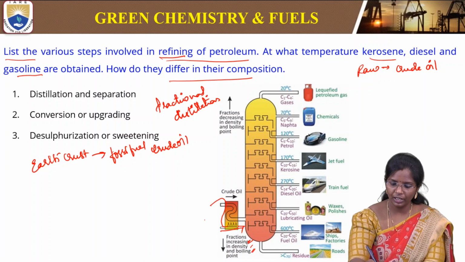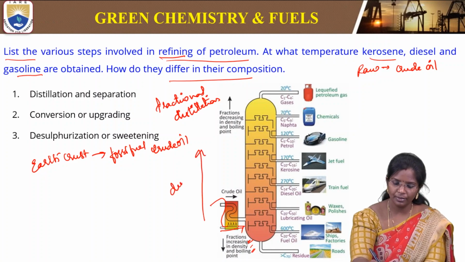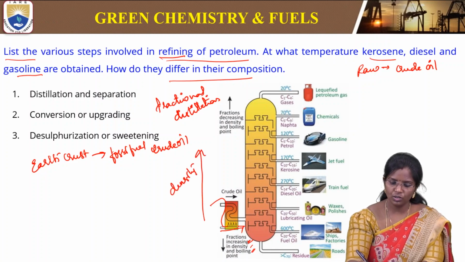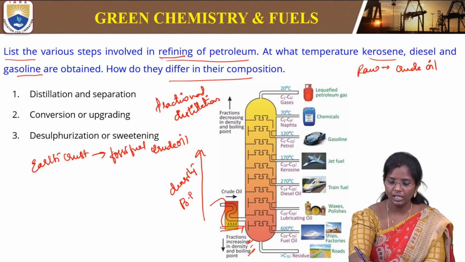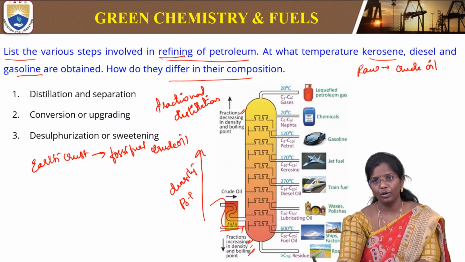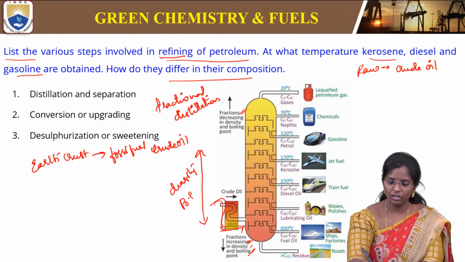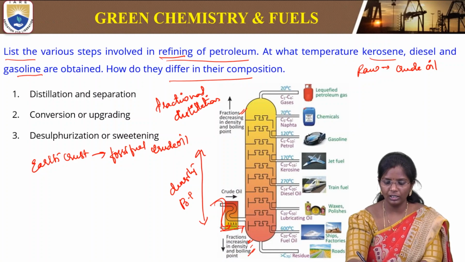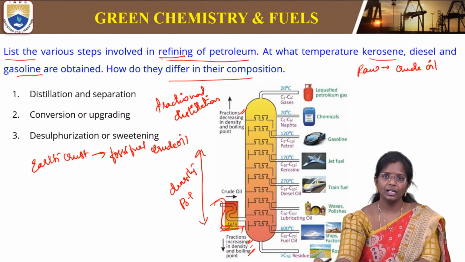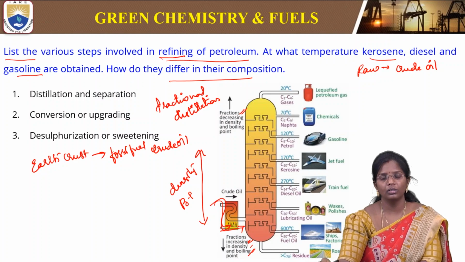The density increases, and also the boiling point. Crude oil is first heated so that we get the different components present in the raw oil obtained from the earth.